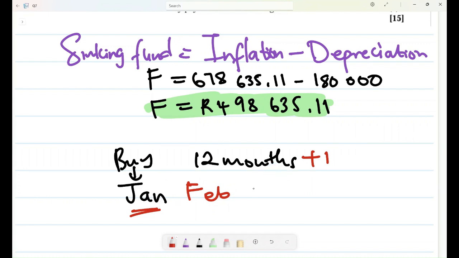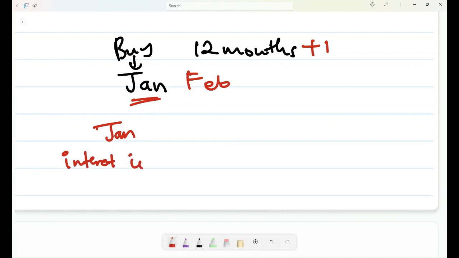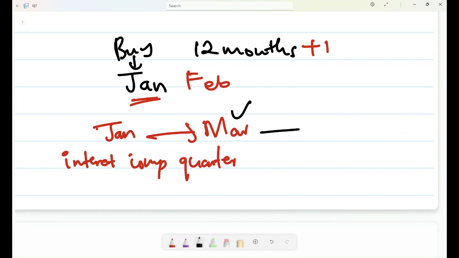So what happens is that when you buy your car now, you'll pay next month if the interest is compounded monthly. But let's say you buy your car now, in January, and your interest is compounded quarterly. What will happen is that after every quarter, March, you make the first payment. Then after another quarter, which is June, you make a payment.